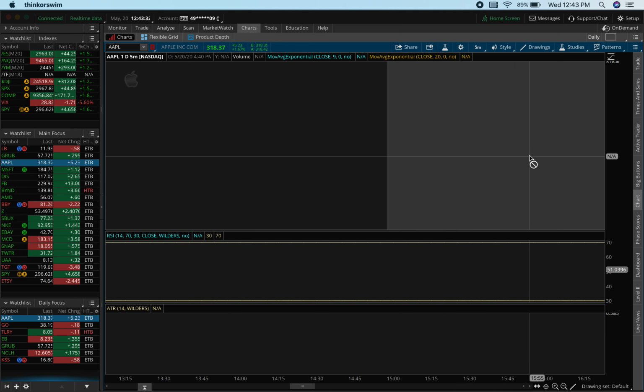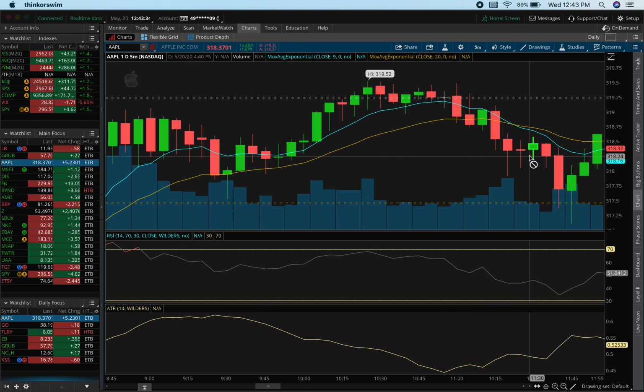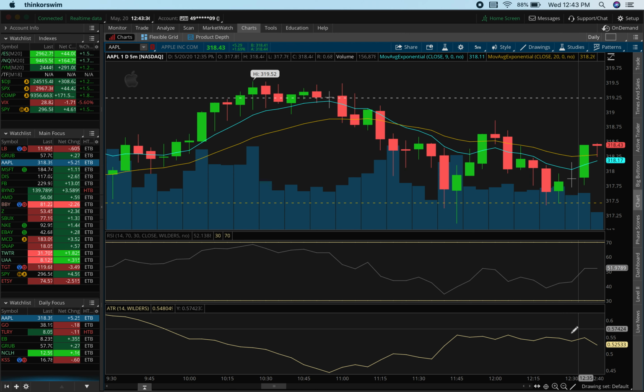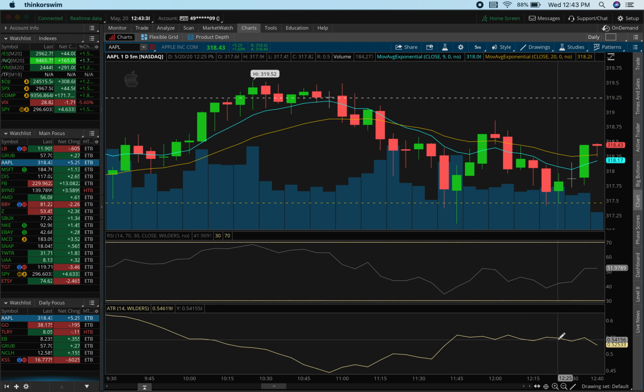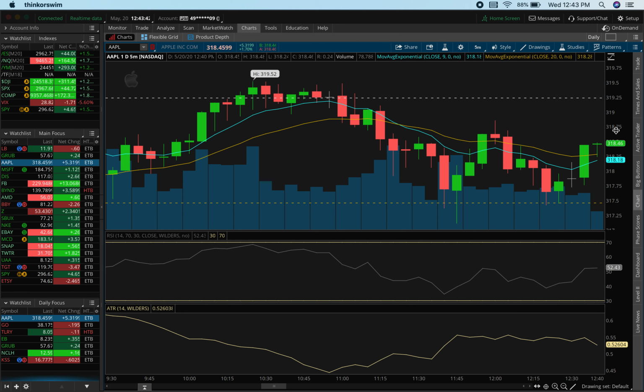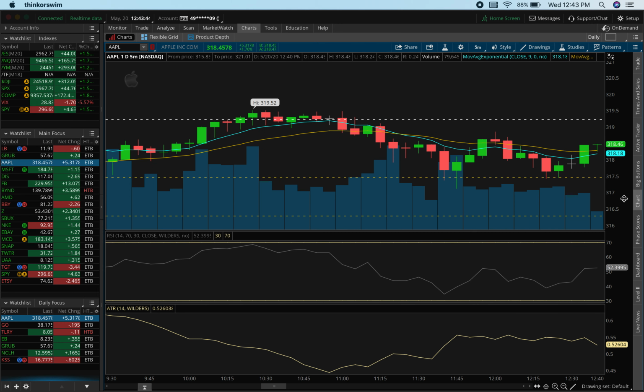The best way is just to use the ATR indicator, and then you get a better idea of how the stock moves. Because if it moves within 50 cents within a minute, then you definitely don't want to put a stop loss 50 cents below your support, or your resistance if you're shorting, depending on what you're doing.